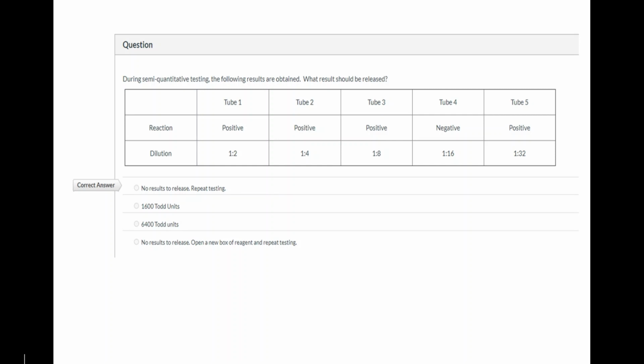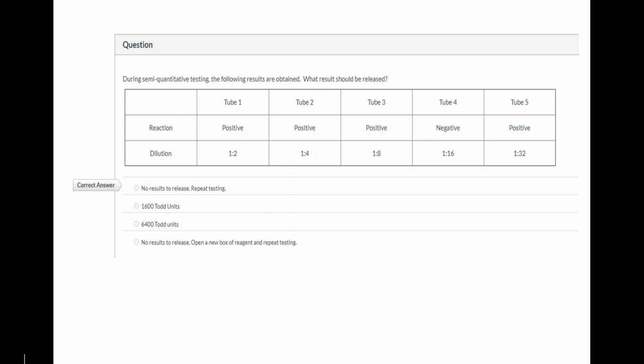We do not report if discrepancies are encountered, and more so, we are not to open a new box yet. Because if you remember the flow chart of resolutions when discrepancies will be encountered, the very first thing that you do is to repeat the entire testing setup using the same box of reagent.